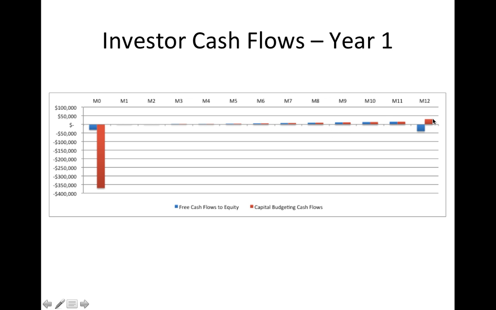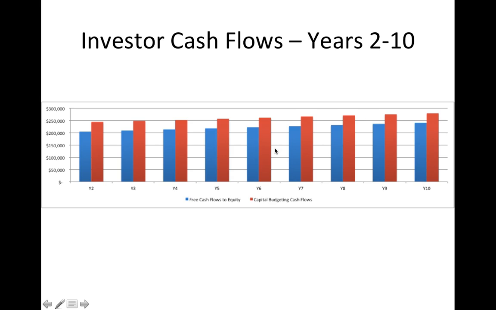They go different directions in month 12, obviously, because the capital budgeting cash flows don't reflect interest payments, whereas the free cash flows do, and so those free cash flows are going to go negative because we have the big payment. If we take that forward, sort of the same thing is going to continue on.